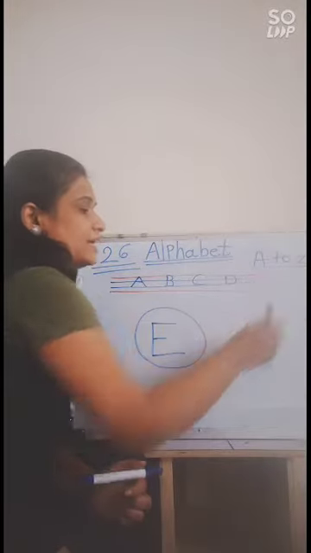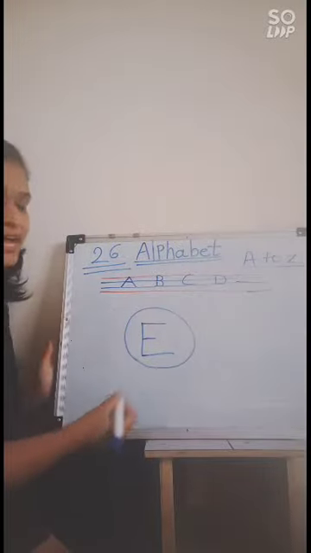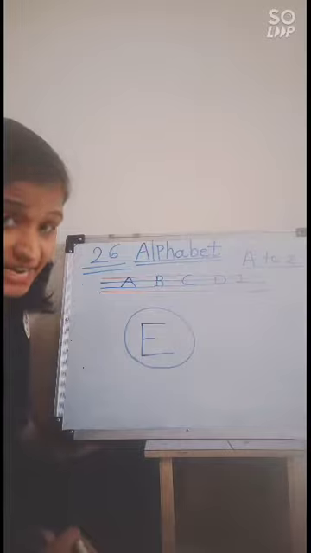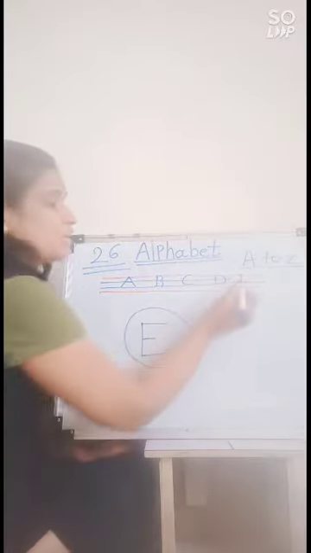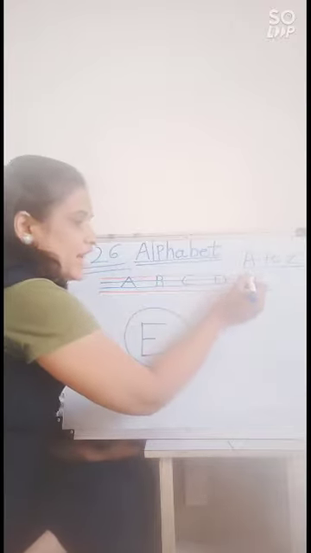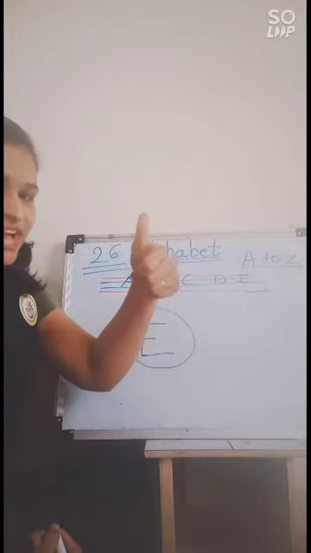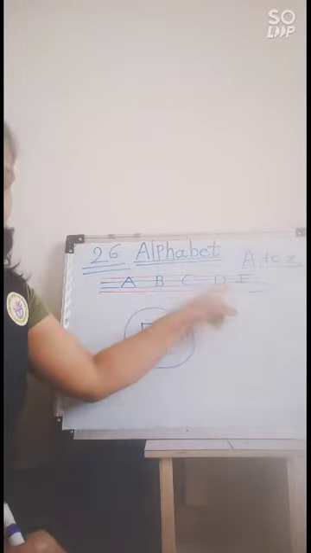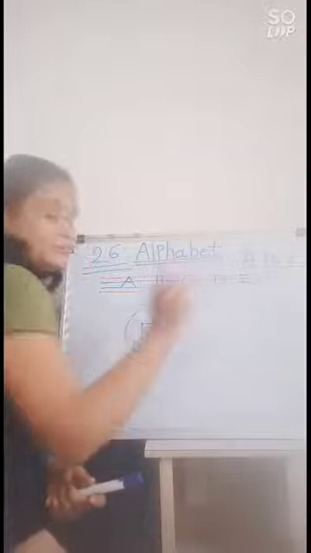Yes, only in the upper 3 lines. A standing line, one sleeping line, another sleeping line, and one more sleeping line. That is called E. Very good. Very proud of all of you. A, B, C, D, E.